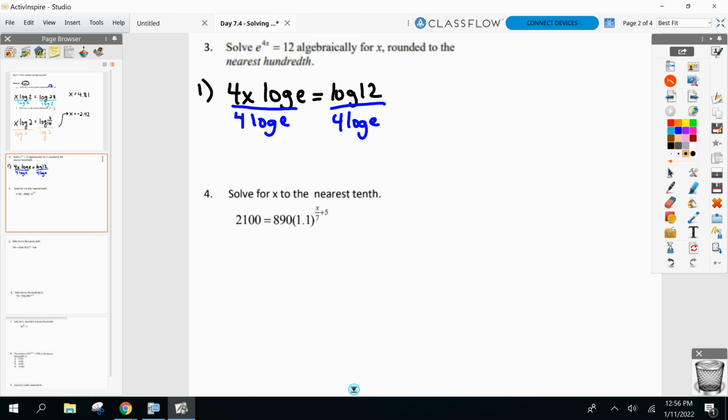And still going to the 100th here. Point, 100th, 6.2.